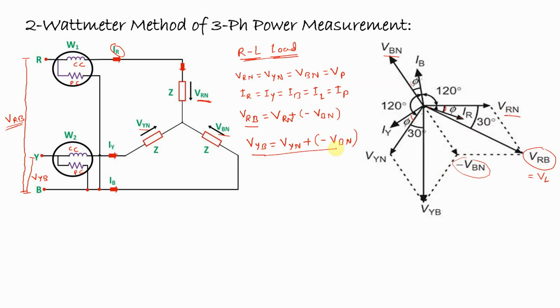Similarly, for the second wattmeter, we add VYN with minus VBN. It will give us VYB. And again, this is considered as the line voltage. If the system is balanced, then the line voltages will also be equal. That is, VRB should be equal to VYB, and it can be considered as the line voltage VL.